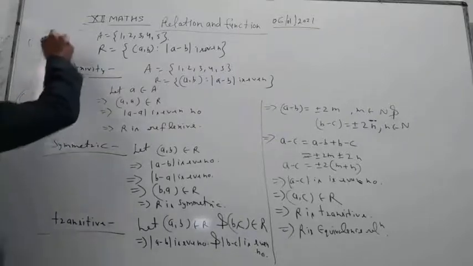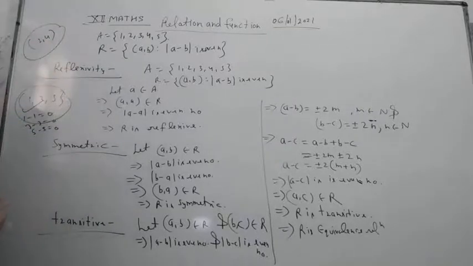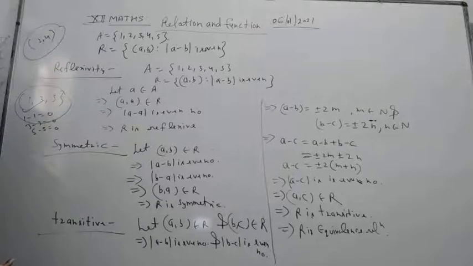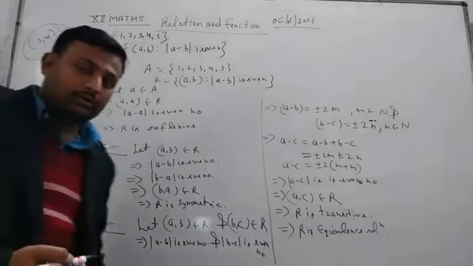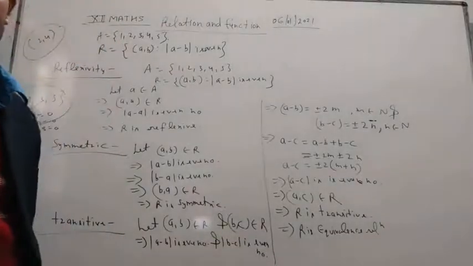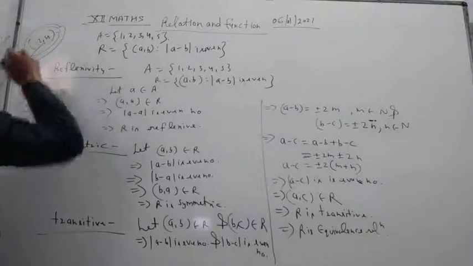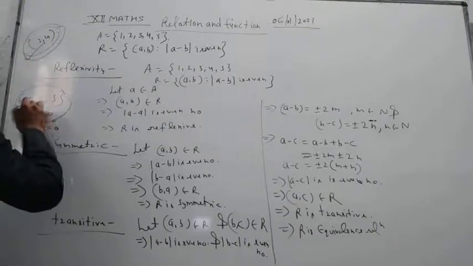And we are checking in this set the difference of 2 minus 4 is 2, 4 minus 2 is also 2. So the difference of these two is also an even number. So we can say that the elements of this set are related to each other.